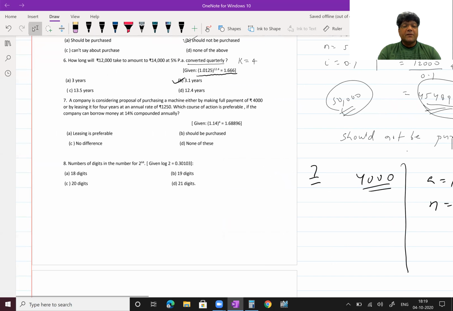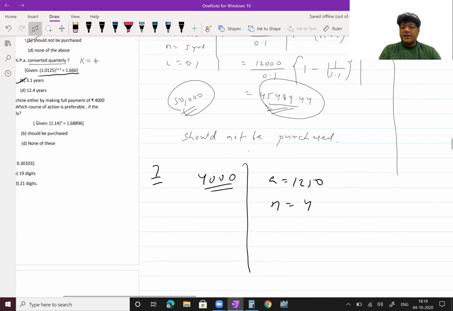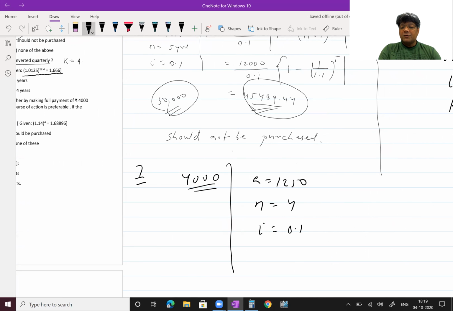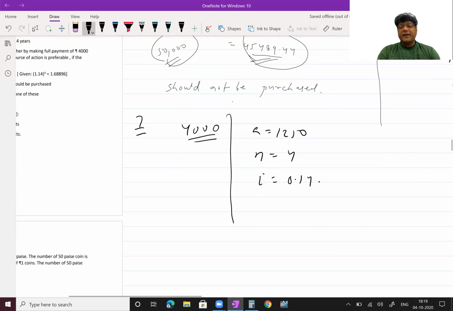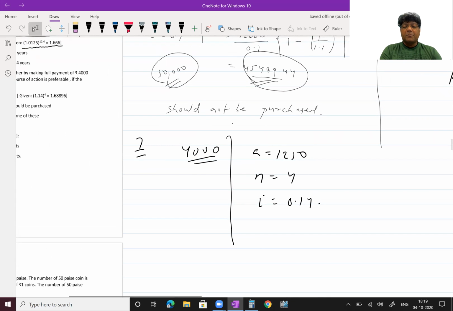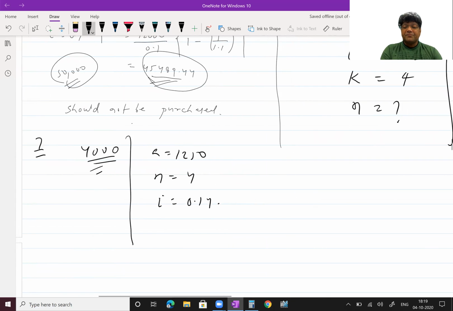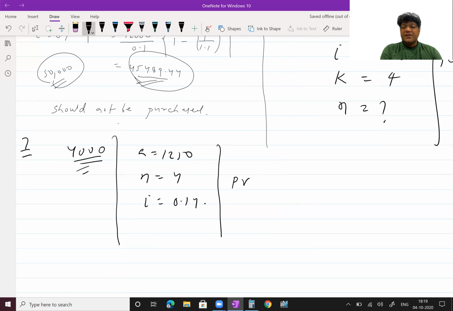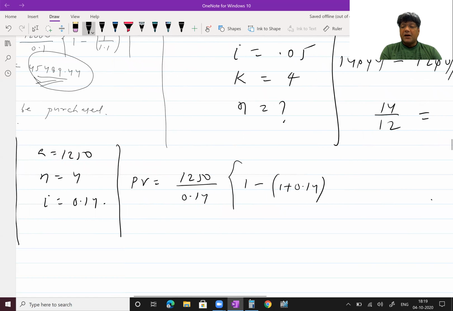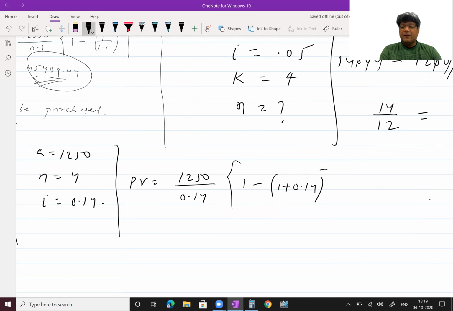Which course of action is preferable if the company can borrow money at 14%? I is equal to 0.14. So what we will do, we will calculate the present value and then compare with the 4,000. Here, present value is equal to A by I, that is 0.14, into 1 minus 1 plus 0.14 to the power minus n, that is 4.